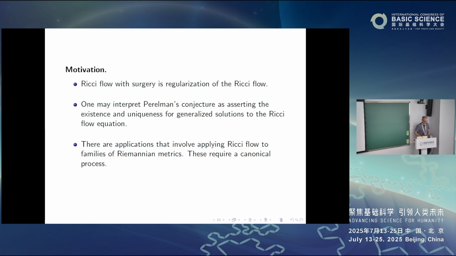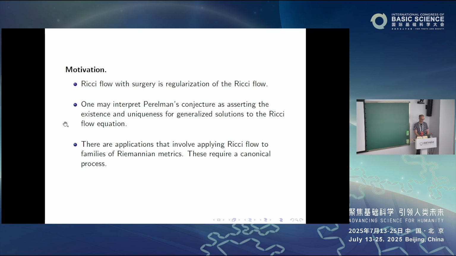So there are several motivations for looking at this. First, you can think of Ricci flow with surgery as a kind of regularization of the Ricci flow equation. And if you're interested in the Ricci flow as a PDE, well, you'd like to understand solutions to the PDE, not the solutions to a regularization of it.